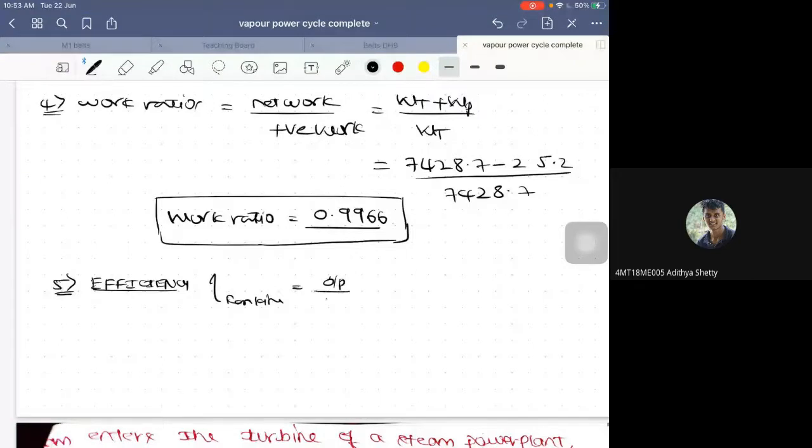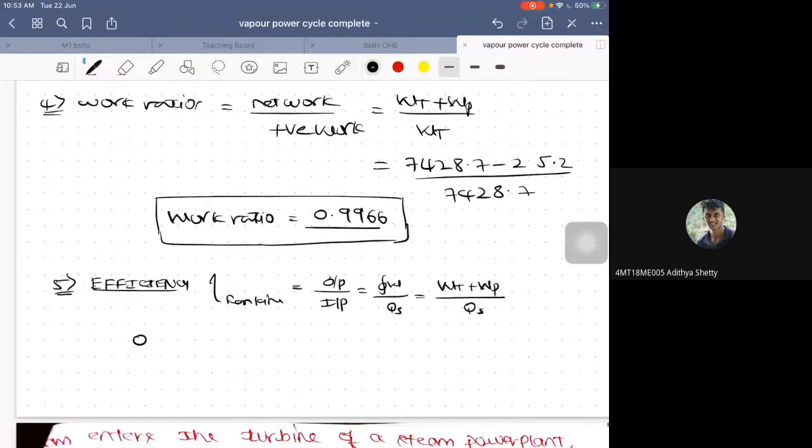Output is the total work, input is the heat supplied. Total work output is WT plus WP, divided by heat supplied. You have the values of WT and WP but not QS.